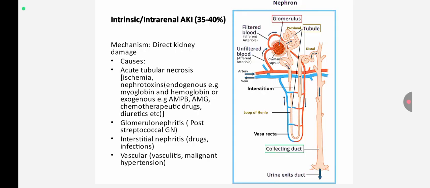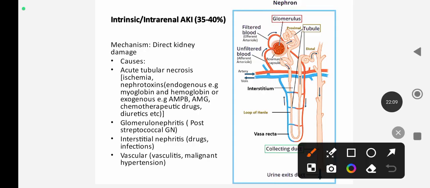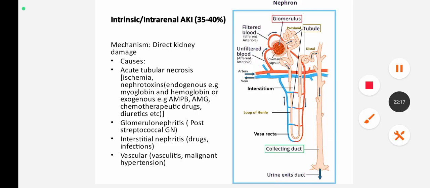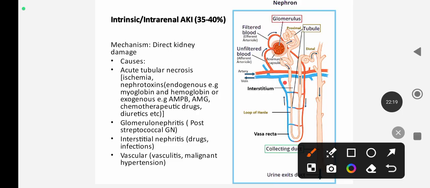So interstitial nephritis, this is the interstitium, the spaces between the tubules and the blood vessels that supply the tubules, these small spaces here. It's what we call the interstitium.